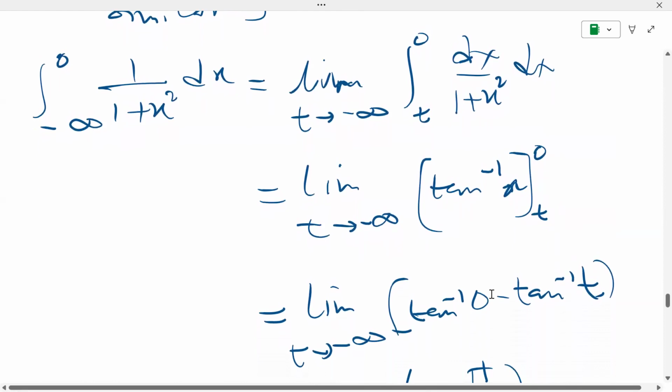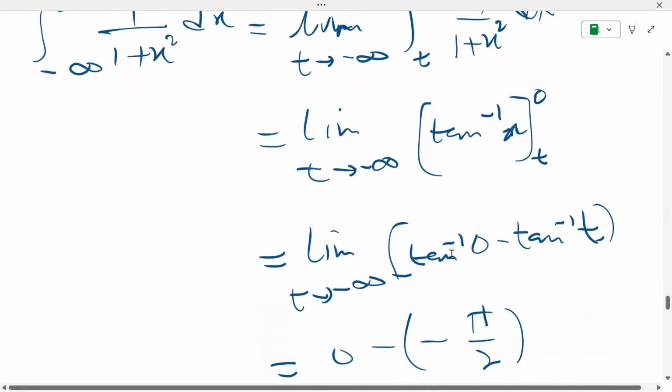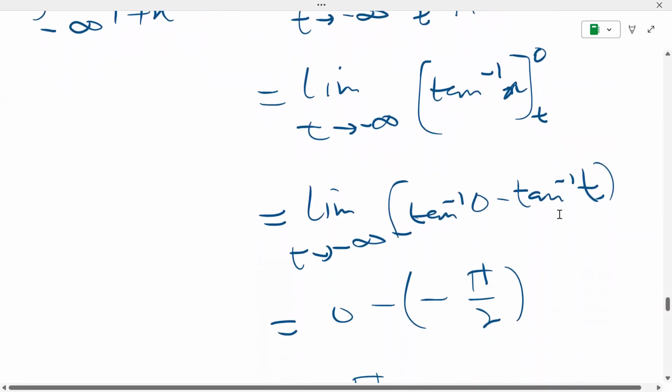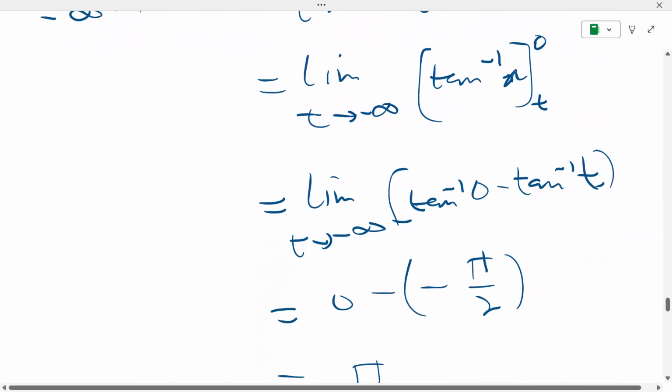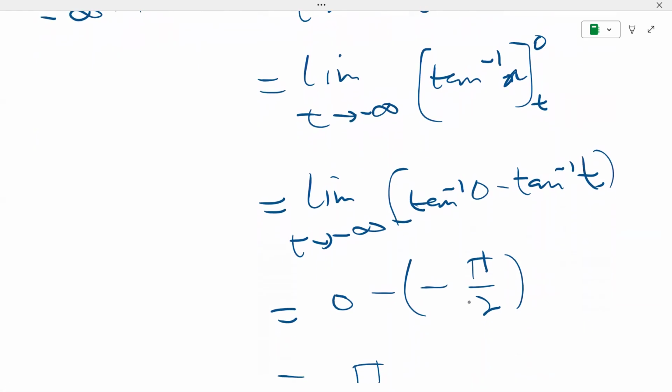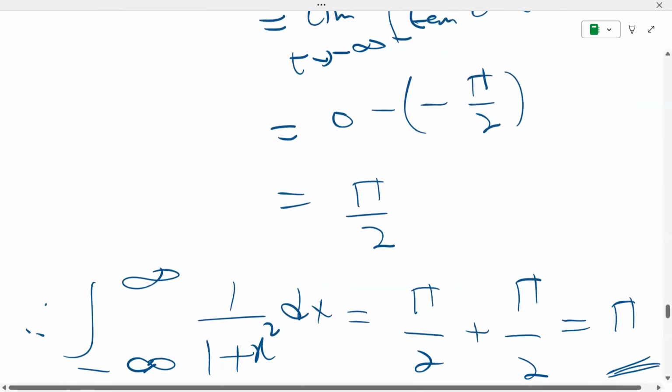So tan inverse of 0 minus tan inverse of t. So this goes to 0, and then tan inverse of infinity will give us pi on 2. Remember, because it's negative, we shall get negative pi on 2. So minus minus gives us plus. So for that also, we shall get pi on 2.